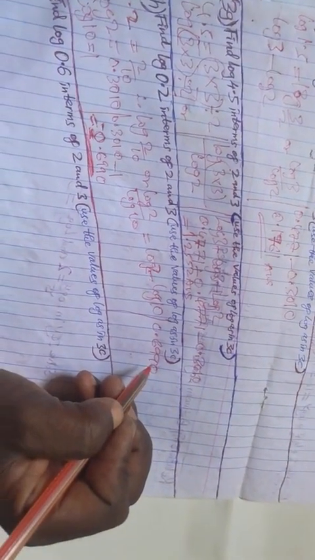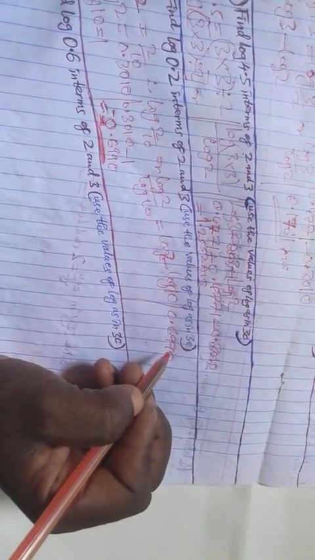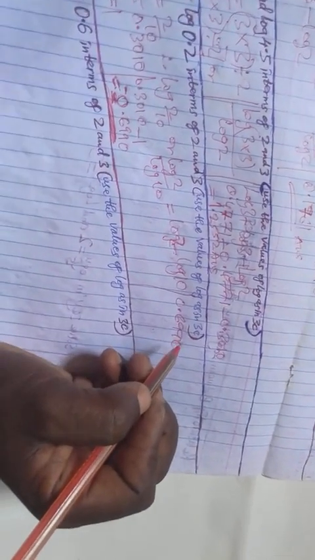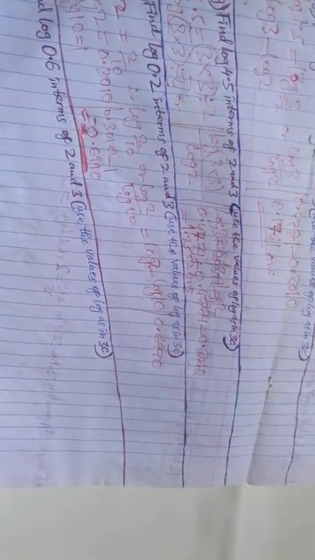Therefore, we should borrow 1 from the characteristic to the mantissa.